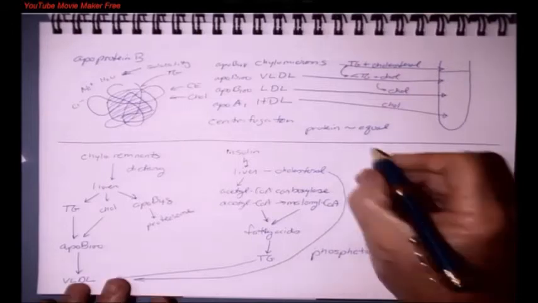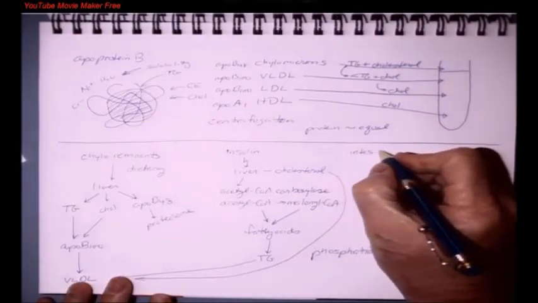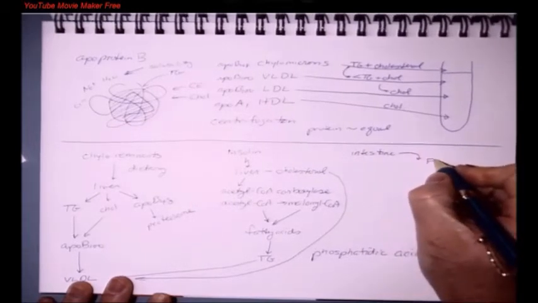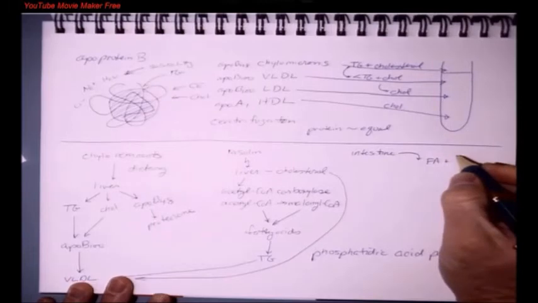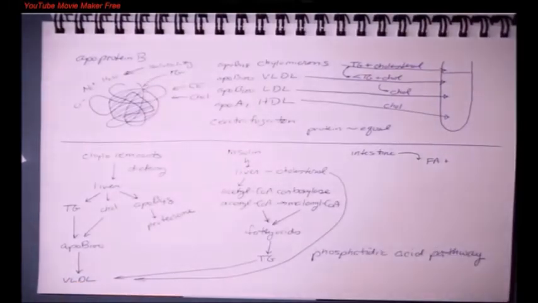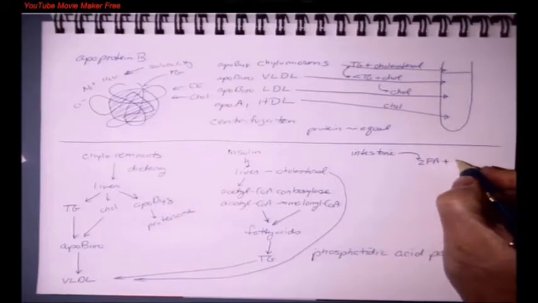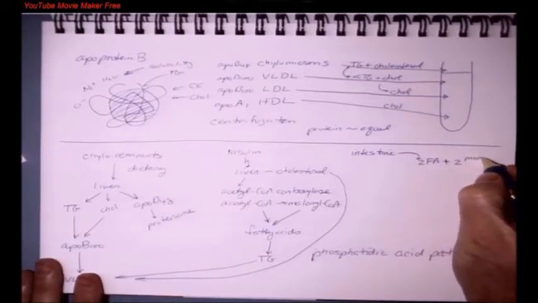So in the intestinal enterocyte, we saw fatty acids coming in, but remember, when we digested the triglyceride in our diet, we released 2 fatty acids plus a 2-monoglyceride structure.